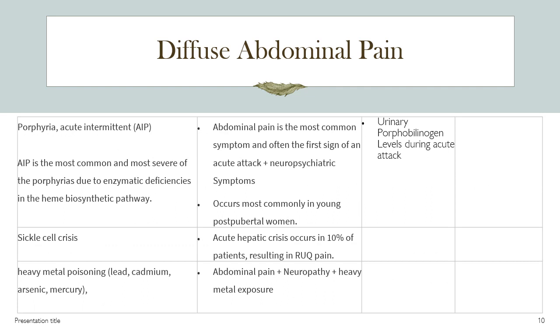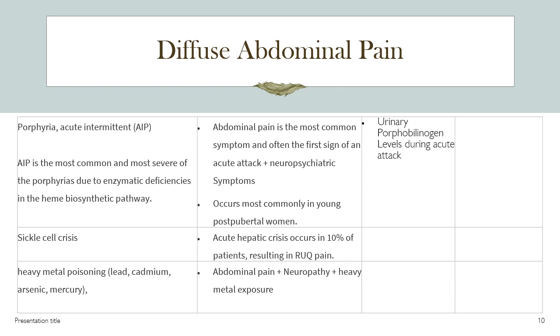Then these are very uncommon causes, but you have to keep these in mind as well. Acute intermittent porphyria is a very rare disorder where the patient presents to you with episodic abdominal pain that is very severe, and the patient also has neuropsychiatric symptoms.